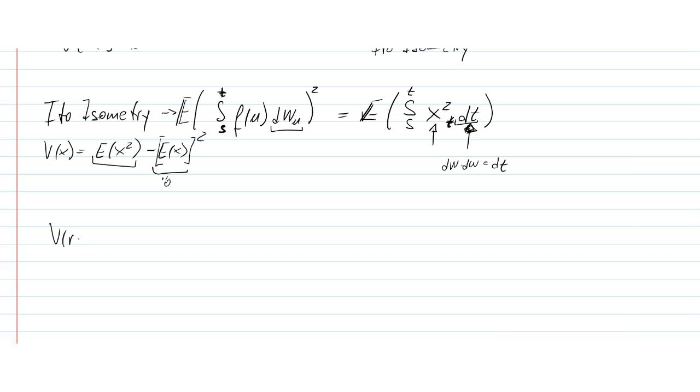So remember, we wanted the variance of this term, and it will simply be the expectation of what we had before, squared. Just square everything, and then on dt.